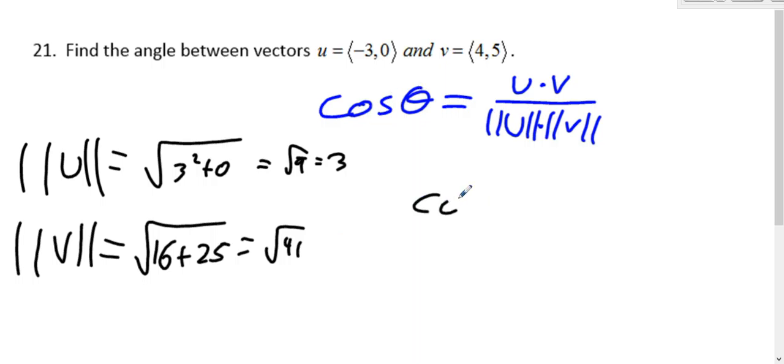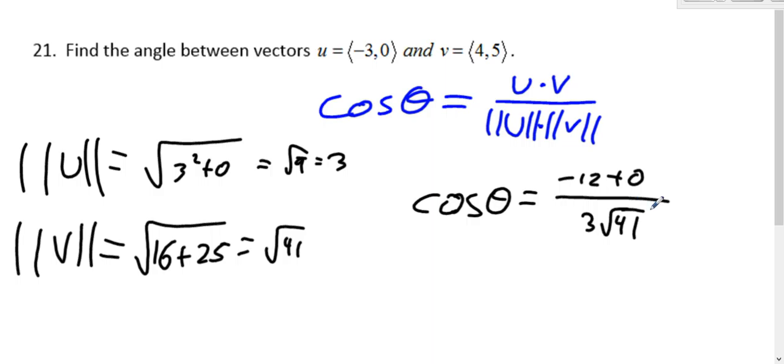And the dot product for the numerator would be x component times x component, so that's negative 12, plus y component times y component, which is 0, over the lengths multiplied together, so 3 times the square root of 41. So that's just negative 12 in the numerator over 3 square root of 41. You could simplify that to be negative 4 over the square root of 41.